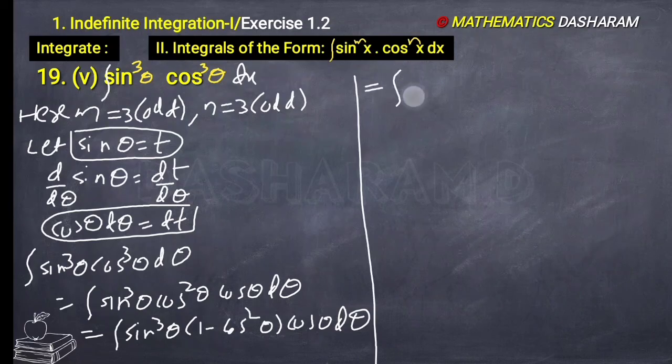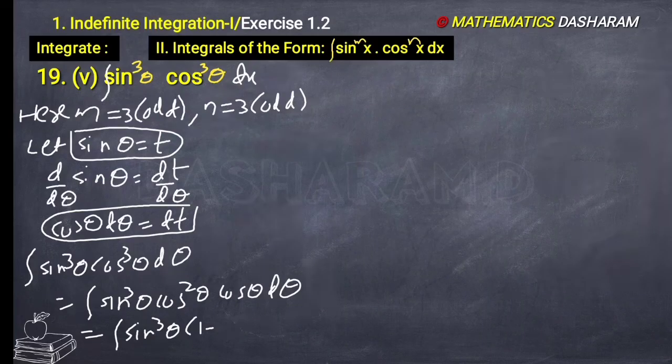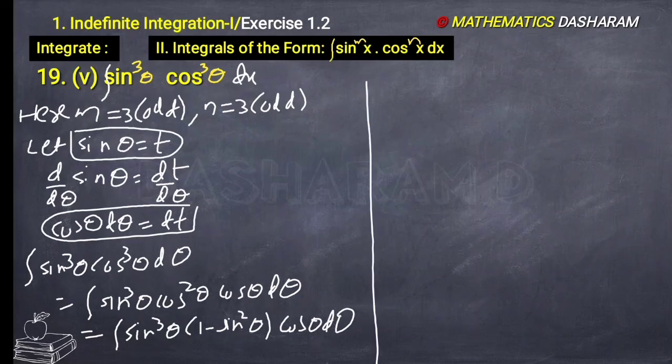Integration of t cube, 1 minus, sorry, here cos square theta equals 1 minus sin square theta into cos theta d theta. So it is equal to t cube into 1 minus t square into dt.